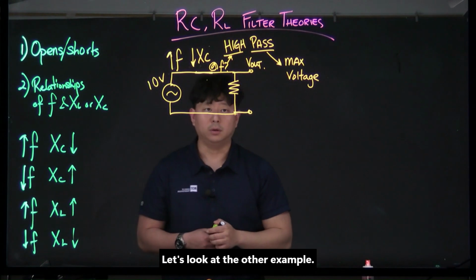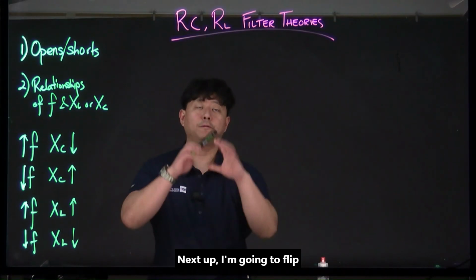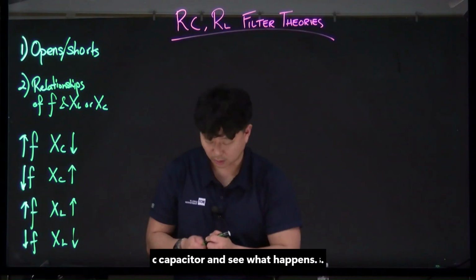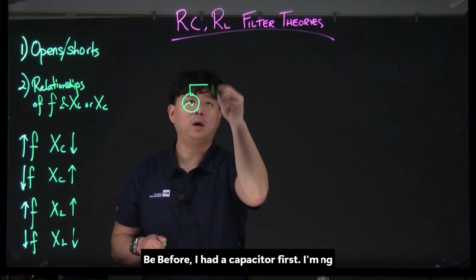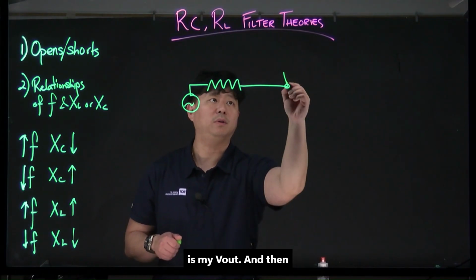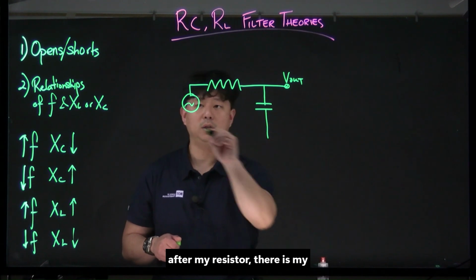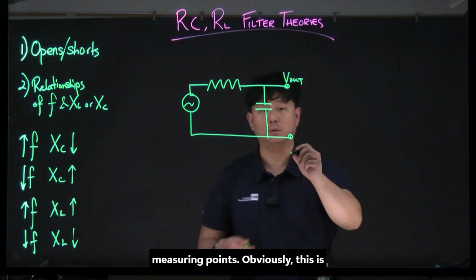Let's look at the other example. Next up, I'm going to flip the location of the resistor and the capacitor and let's see what happens. Before I had a capacitor first, now I'm going to have a resistor first, and here is my V out. After my resistor, there is my capacitor. So these are my measuring points.